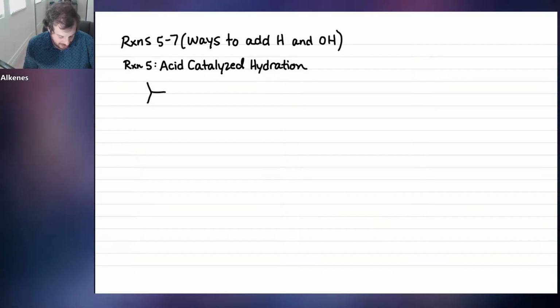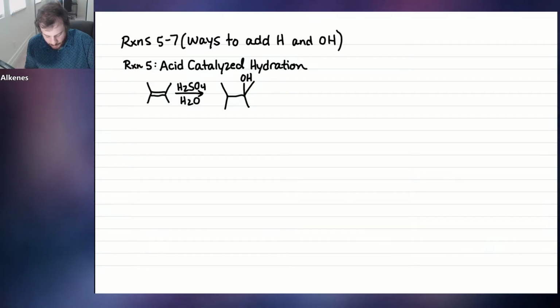It takes an alkene, and if you treat it with H2SO4, which is sulfuric acid, and water, so before we've seen sulfuric acid in heat, now we're seeing sulfuric acid in water, that is going to get rid of the double bond, and on one of the carbons you're going to have an OH group, and on the other you're going to have an H. So it's a way of adding H and OH to the double bond.